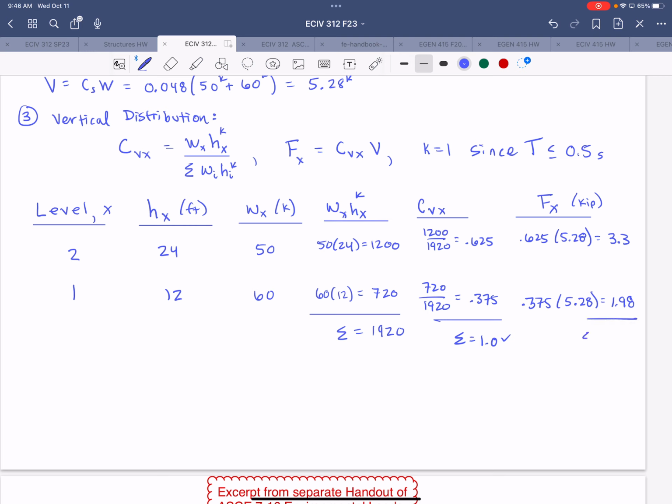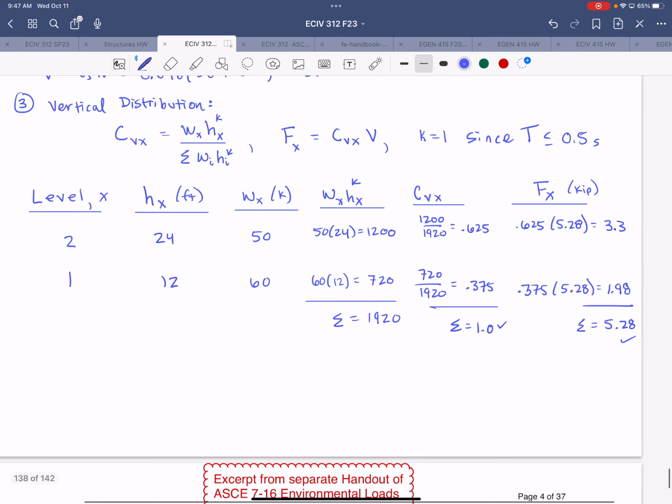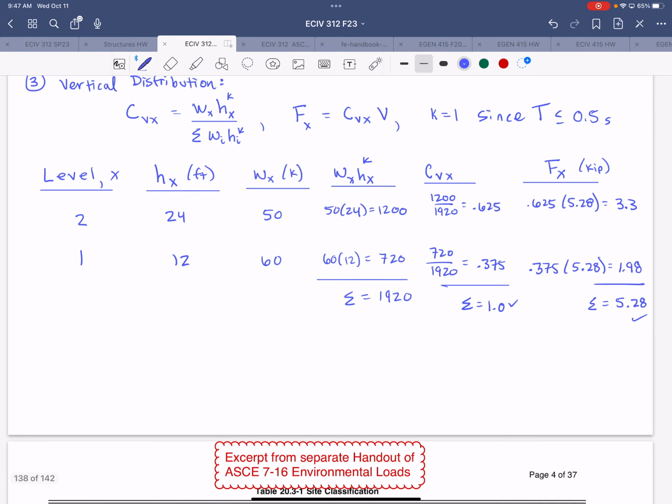So again, a gut check. The summation of those forces should be equal to the base shear. And then if we want to sketch this, we'll have our forces applied at each level.